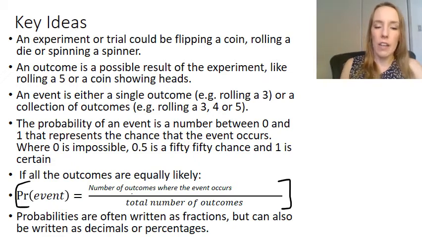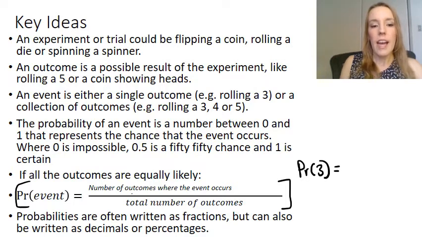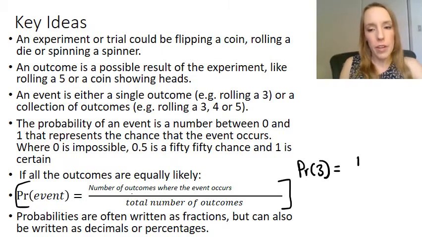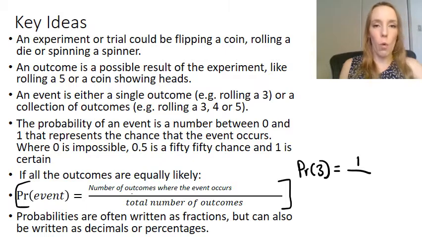The probability of a 3 is the number of outcomes where the event occurs over the total number of outcomes. How many outcomes are there on a dice where you get a 3? Well, there's only one, because there's only one side that has a 3 on it. There are 6 possible outcomes, getting a 1, a 2, a 3, a 4, a 5, or a 6. So it'd be 1 over 6, and that's how we would write that out. The probability of getting a 3 is 1 in 6.